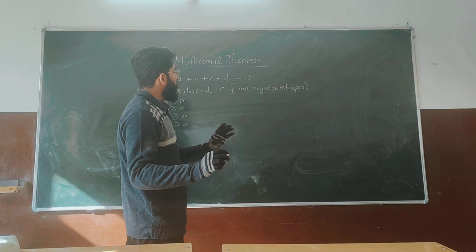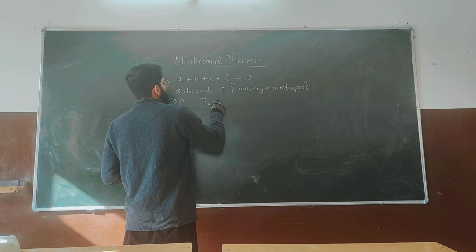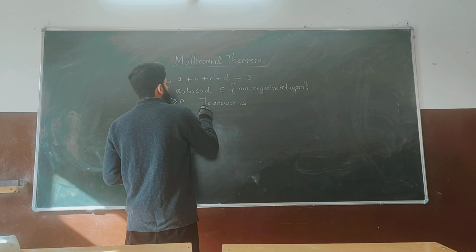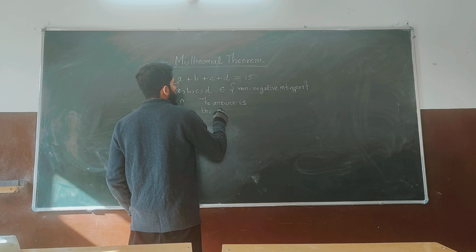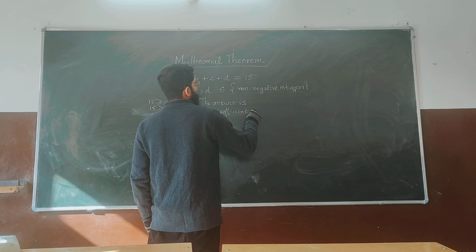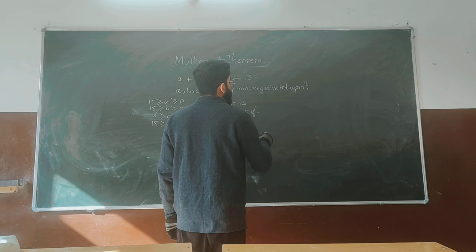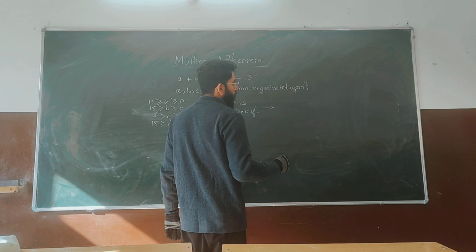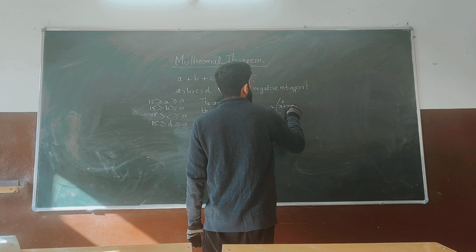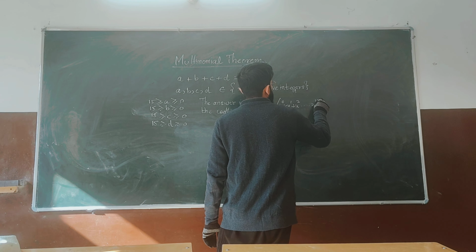So what I am going to teach you today is that the answer to this question is the coefficient of x to the power of 15 in this series: x to the power 0 plus x to the power 1 plus x square till x to the power 15.